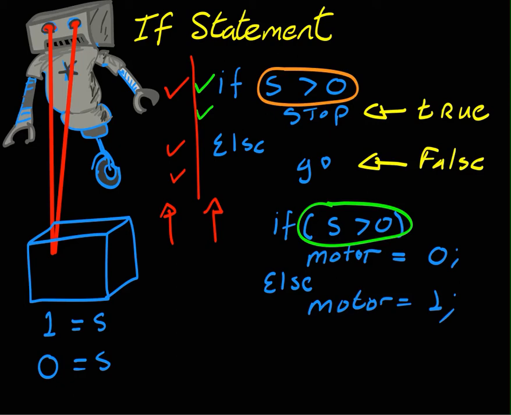In C for example, we may have wanted to do different things to get this to stop. So we could have some curly brackets. We would have had another statement in here, and another one, and another one. So it's not just one statement, it's a block of code, or a whole sequence of statements can be done for this condition or for this condition. And really that's the main thing that you need to know about the if statement.